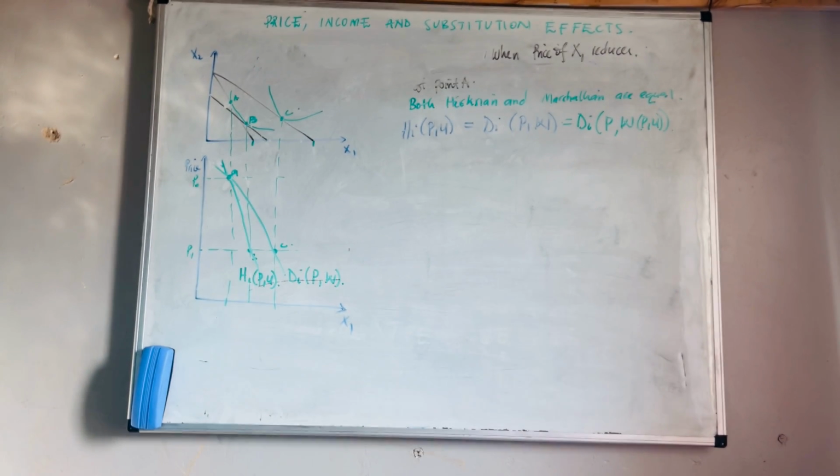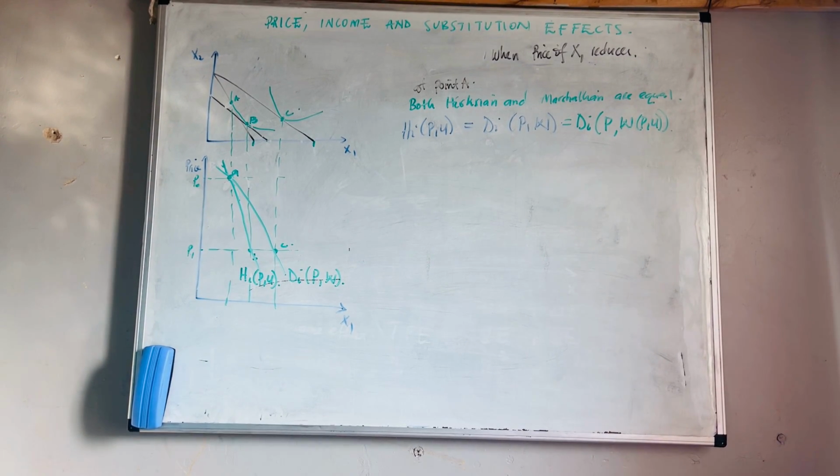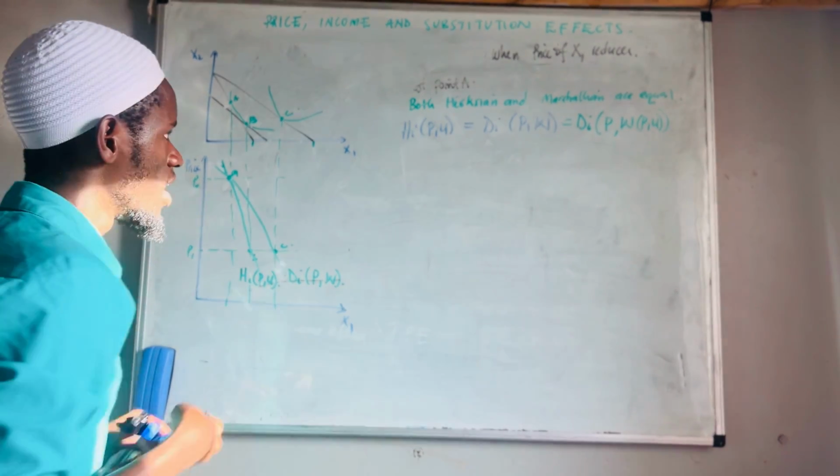Now what we need to do is differentiate with respect to P_i, and then formulate our Slutsky equation.